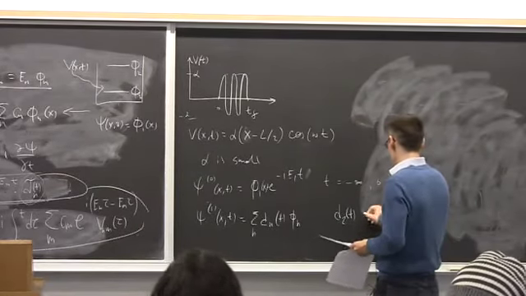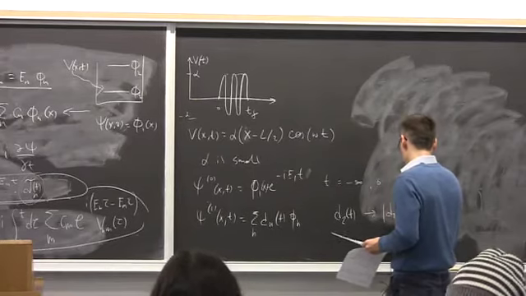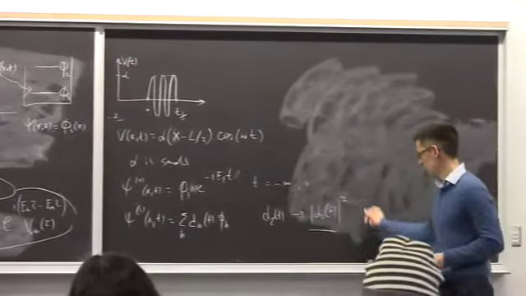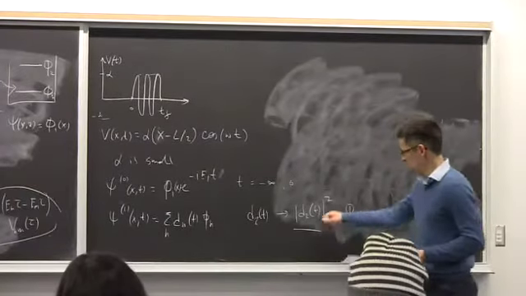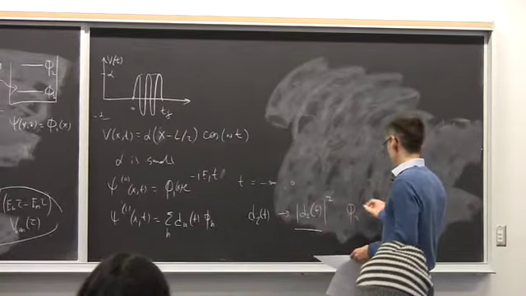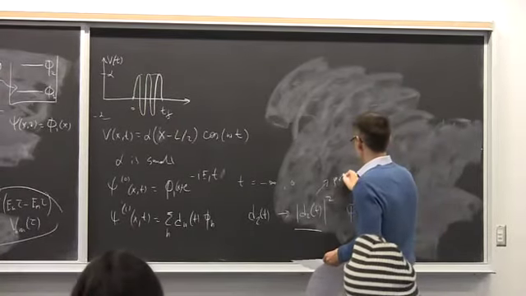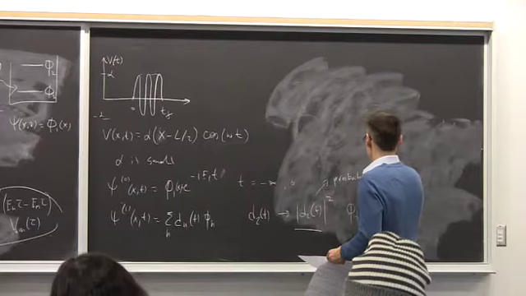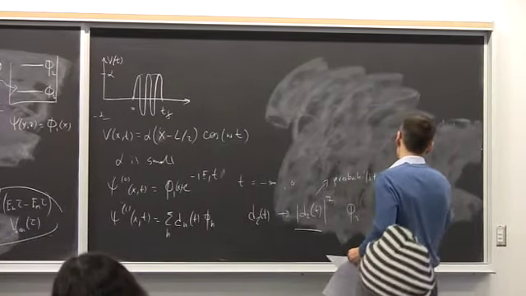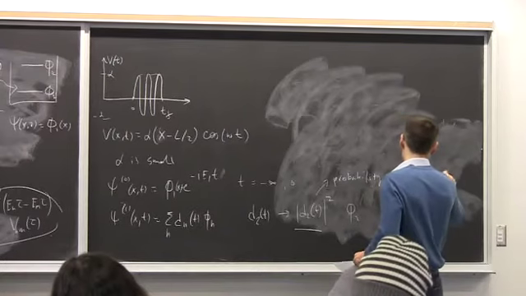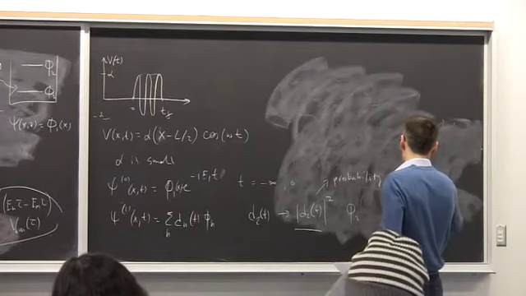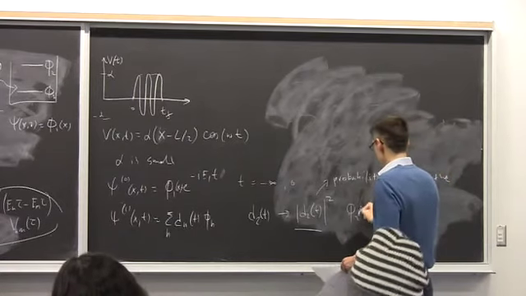If we calculate D2, then the probability to find the system at a later time in the state phi 2 will be D2 squared. D2 squared is the probability to find the system in phi 2 of x.